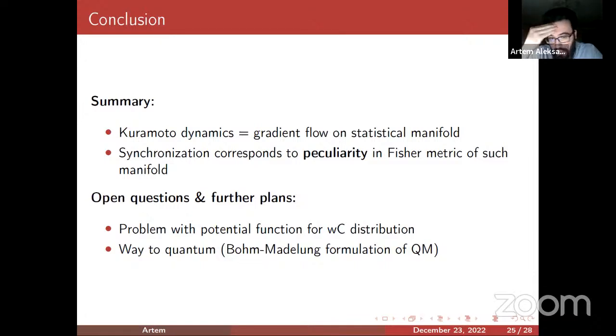And the open questions and our further plans are devoted to finding a potential function for the wrapped Cauchy distribution. And we will try to say something about the quantum version of the Kuramoto model. And we hope that it is related to the so-called Bohm-Madelung formulation of quantum mechanics.